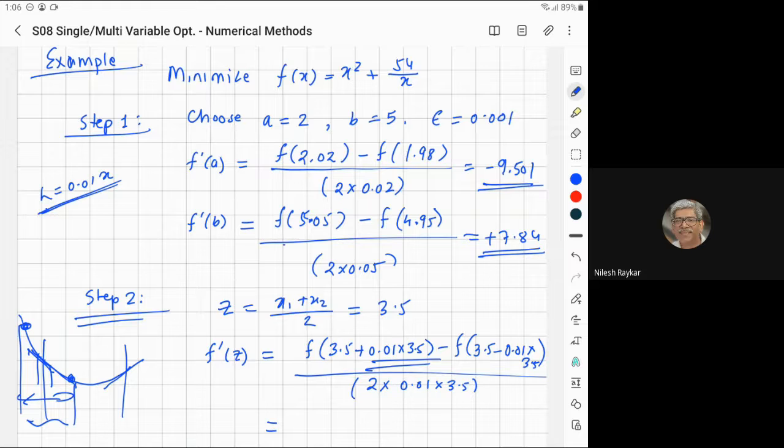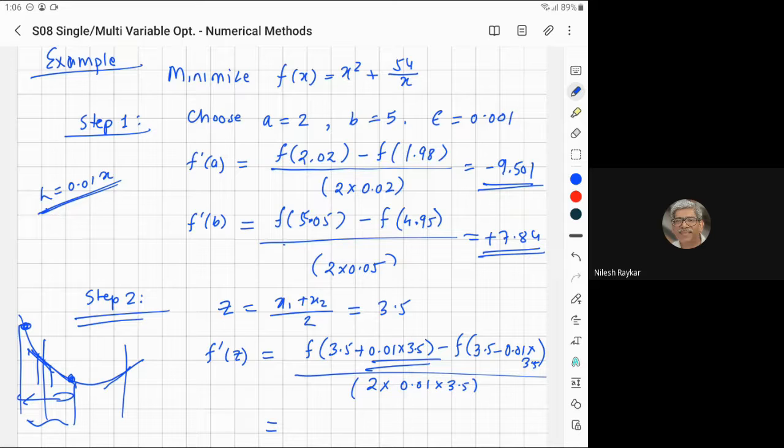So there is no relation between slope and search width. Slope calculation has nothing to do with whether you are searching for 1 kilometer or 1 millimeter.